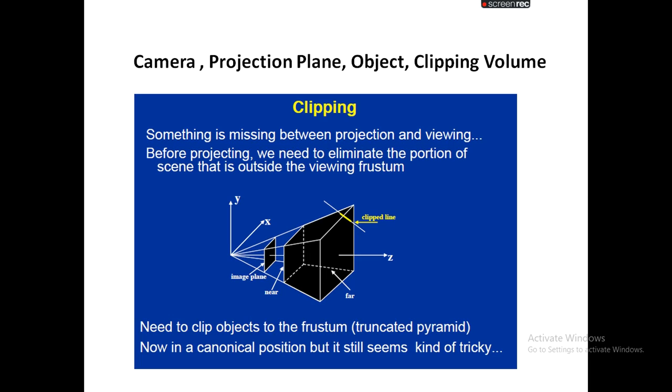To check the width, height and depth of the object, whether it lies inside or outside the clipping volume, I need 6 two-dimensional clipping planes, interconnected like a cube. So I can say that that is our clipping volume.